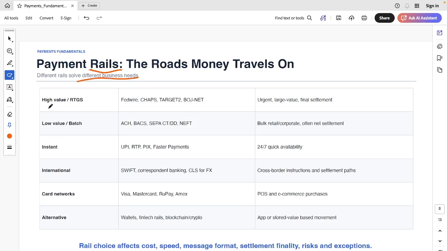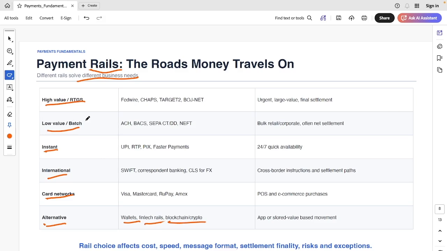For example, we have high value RTGS as a rail, low value batch payment is a rail, instant payment is a rail, international cross-border payment is a rail, card network is also one rail, and then we have many other alternatives like wallets, blockchain, crypto, and the fintech rails. These are the routes through which payments flow.